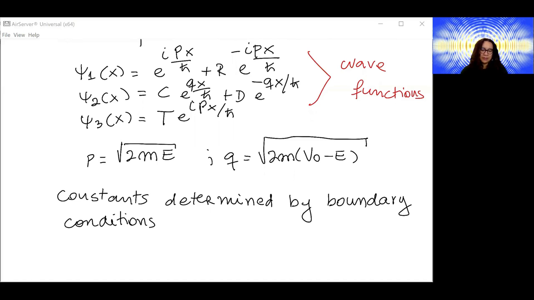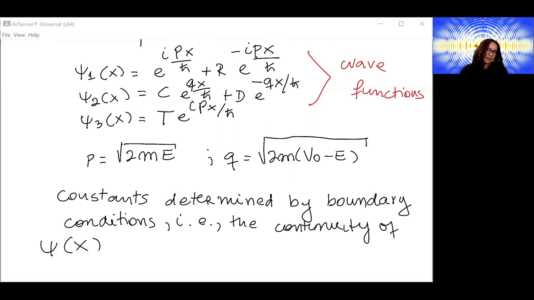And these boundary conditions are the continuity of psi(x) and psi'(x) at the turning points.